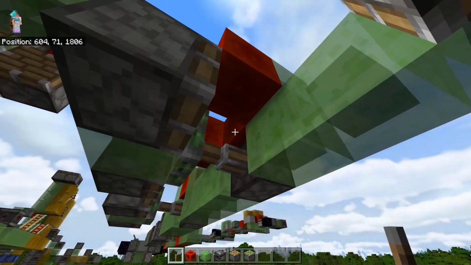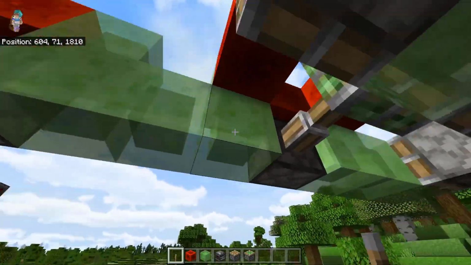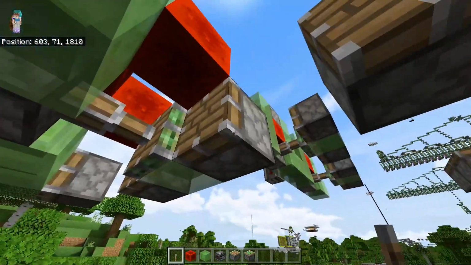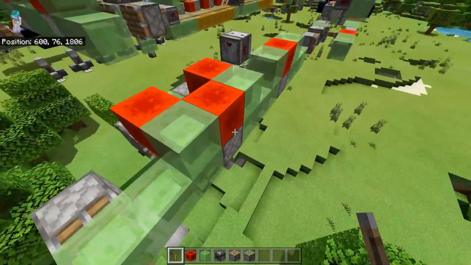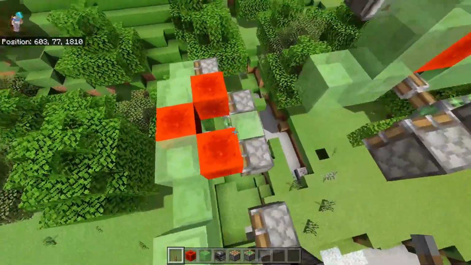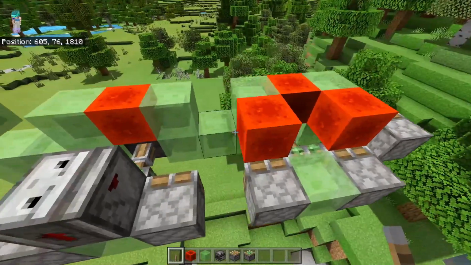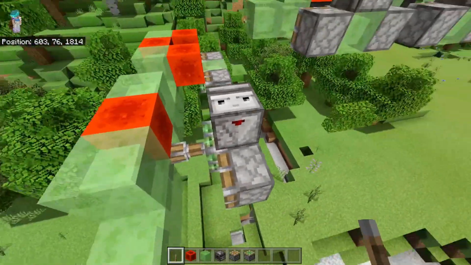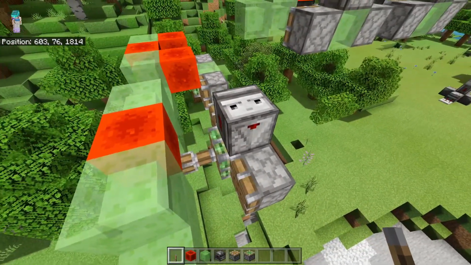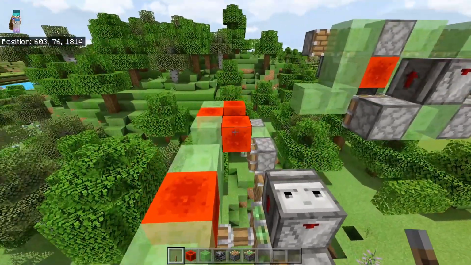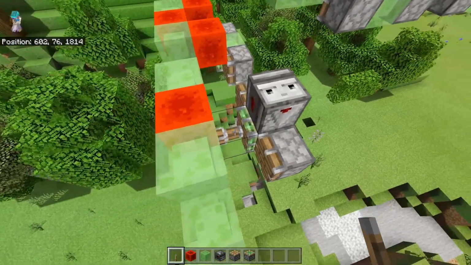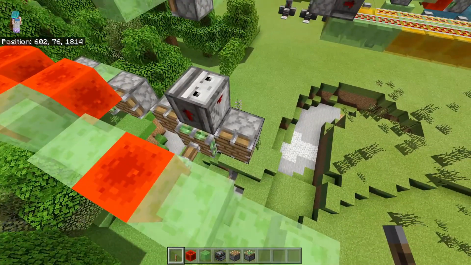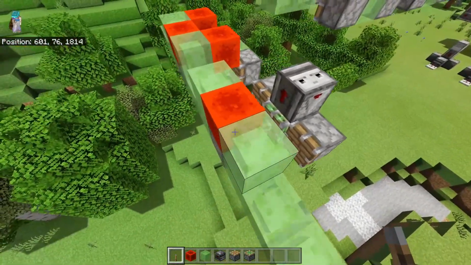And when it retracts, this here will get pushed by this piston here, pushing it forward. The power, of course, coming from these redstone blocks. And with the observer, instead of the redstone blocks powering it, the observer will detect that it's been moved and will fire these pistons off instead.